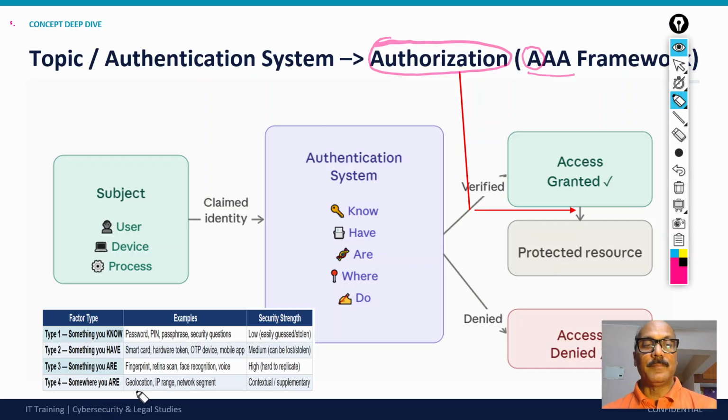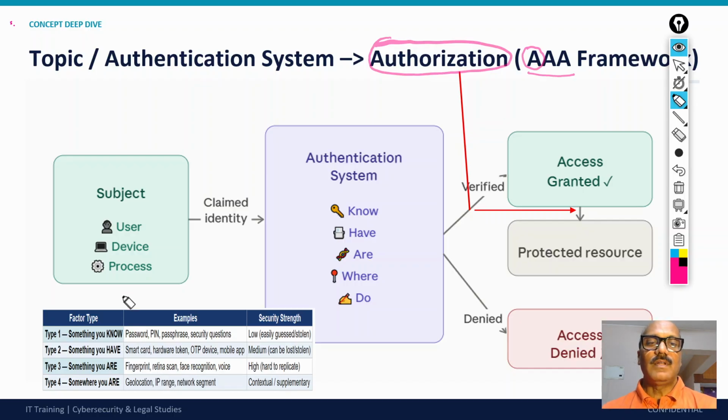This is a biometric. And the fourth one, somewhere you are. As we discussed last class, if you are logging in from a particular location or using a specific device, that is also a kind of authentication.